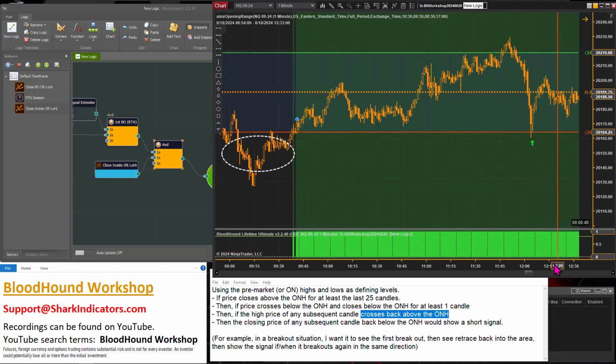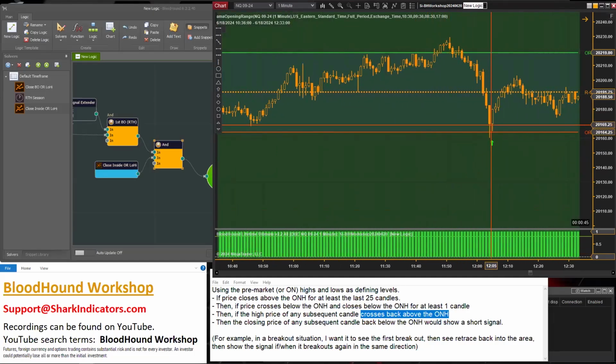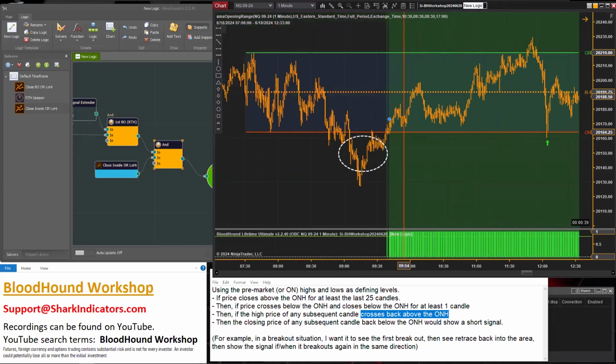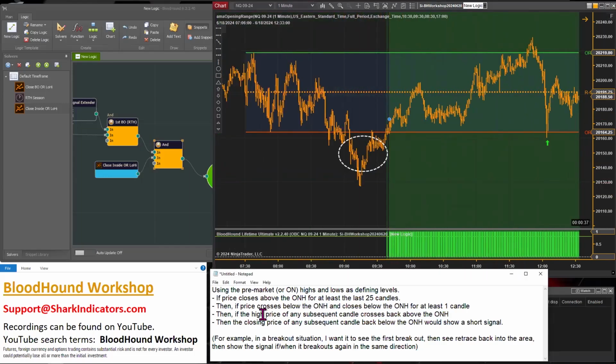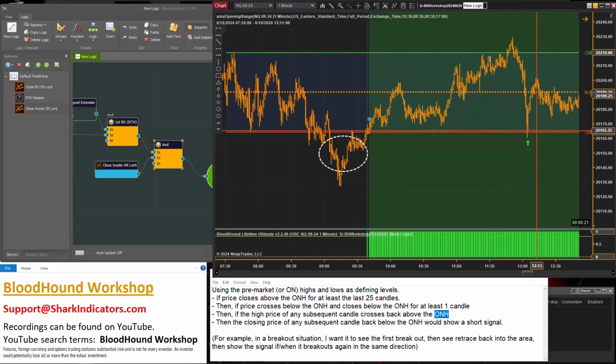In this case, the example that I have to work with is the reverse of all of this. So I'm actually looking for the low price to cross back below the opening range low. The low price to cross the opening range low.